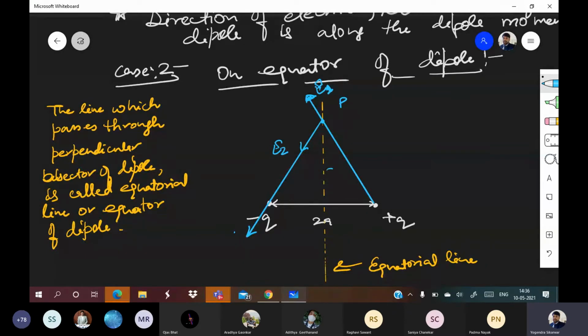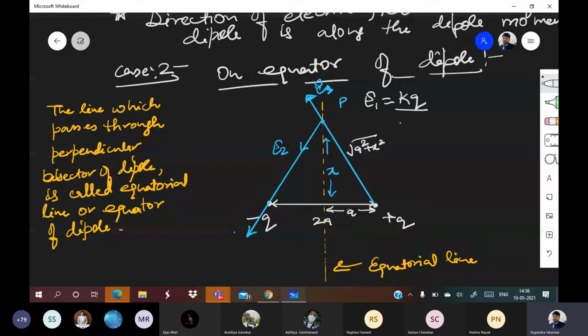Suppose the distance of point P is x. All right. So E1, I am talking about magnitude of E1. So KQ upon this distance. Now this is A, so this will be under the root of A square plus x square.